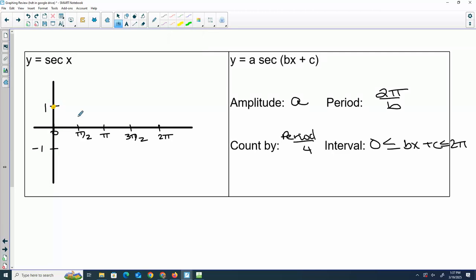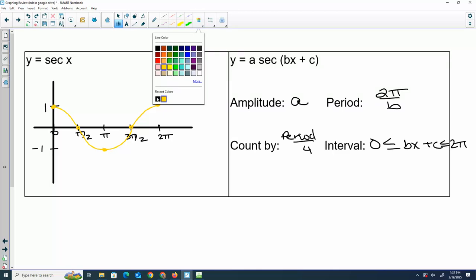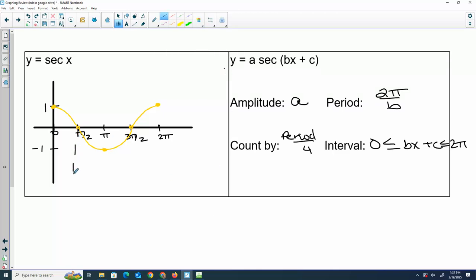Cosine of 0 is 1, pi over 2 is 0, pi is negative 1, 3 pi over 2 is 0, and 2 pi is 1. And anywhere this is 0, we put in an asymptote.